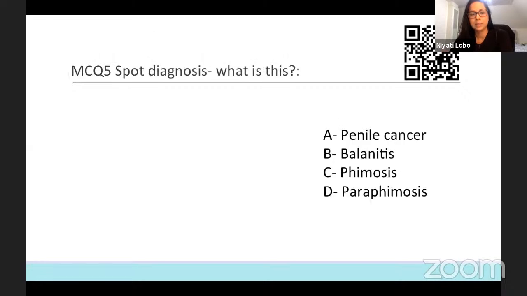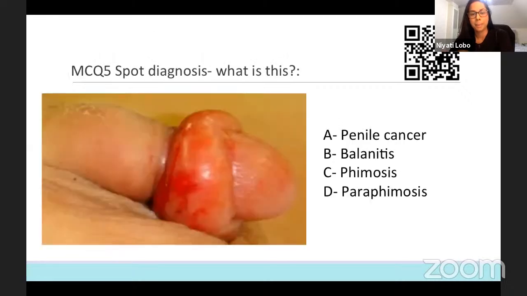And finally, what is this? Is it A, penile cancer, B, balanitis, C, phimosis, or D, paraphimosis?